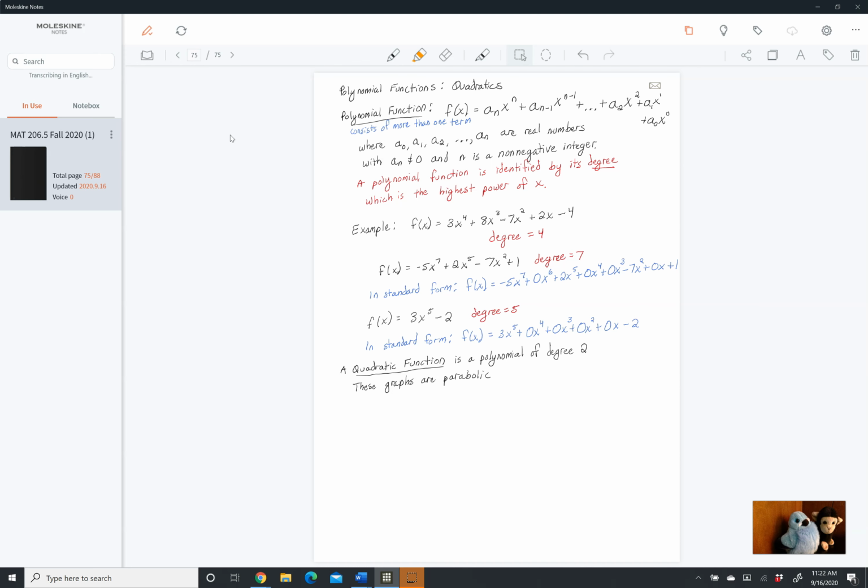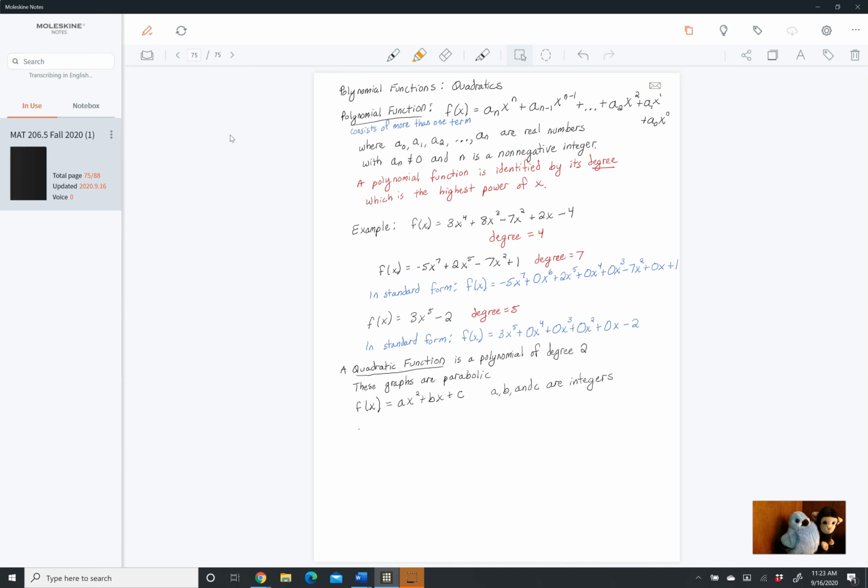And it's in the form f of x is equal to ax squared plus bx plus c. Okay, a, b, and c are integers. And we'll see why this is true a little bit later in our videos, a little bit later in the semester.